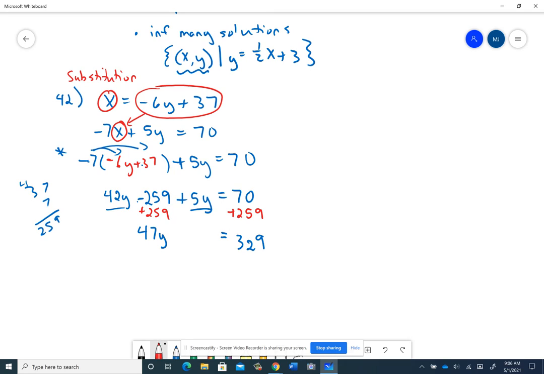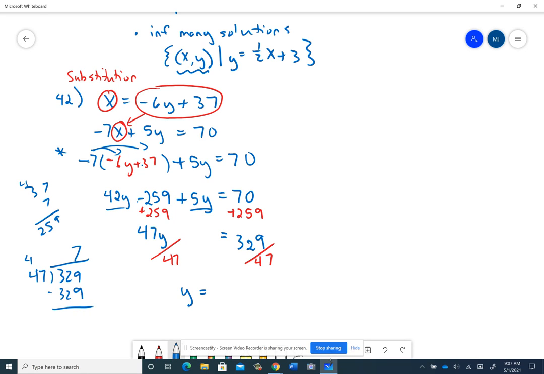Okay. Then I have to divide by 47. I'm assuming it's going to be nice and even. Just do it on your calculator. I just don't have mine with me, so I'm just kind of thinking. What I'd do is look at that last number. I need it to be a 9, so I think that's going to be a 7. So that would be 49, 28, and 4 would be 329.